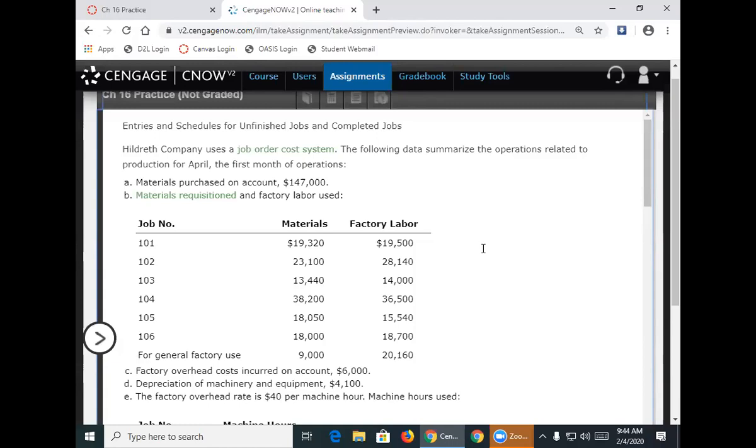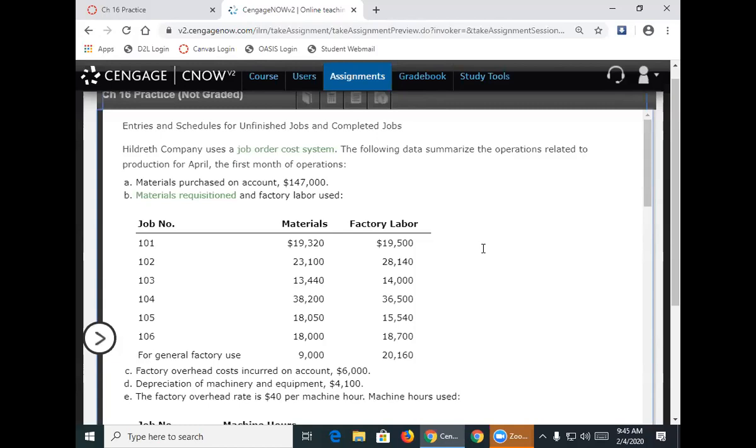Anybody have that calculated? Is it 132,380? That sounds right. Good. So 132,380, right? Yeah. So direct labor for jobs 101 through 106, 132,380.